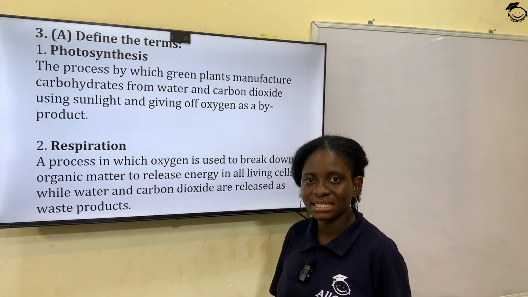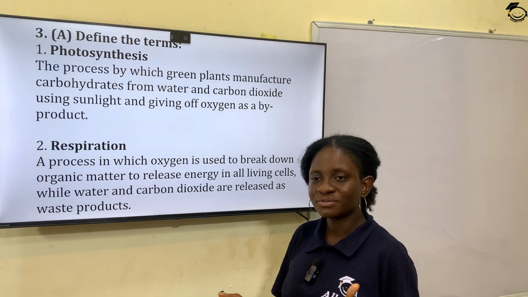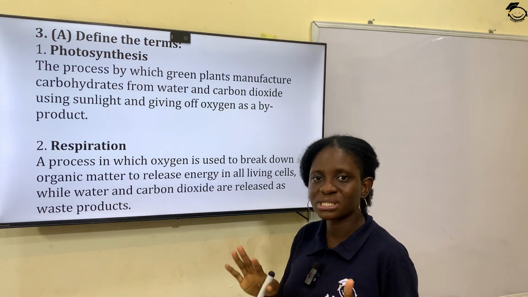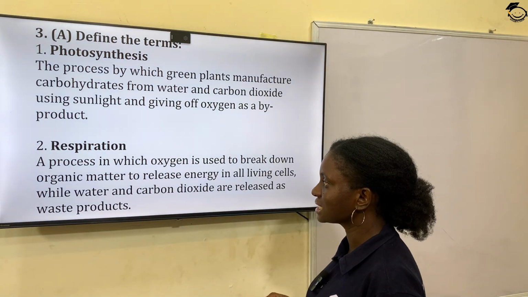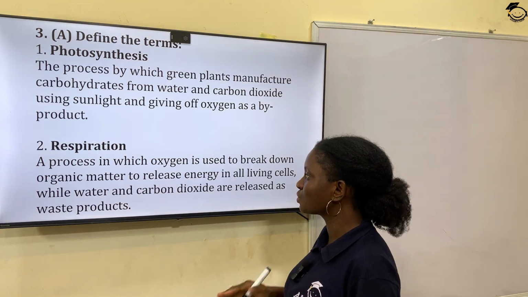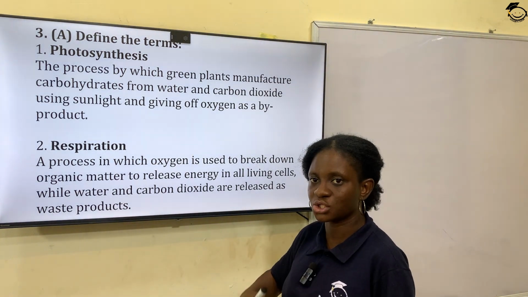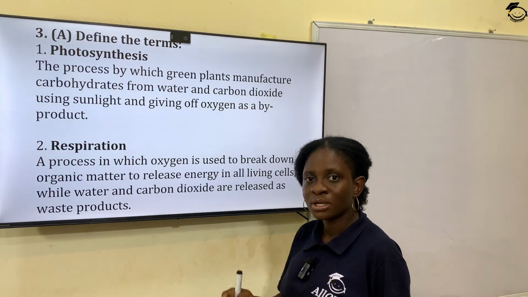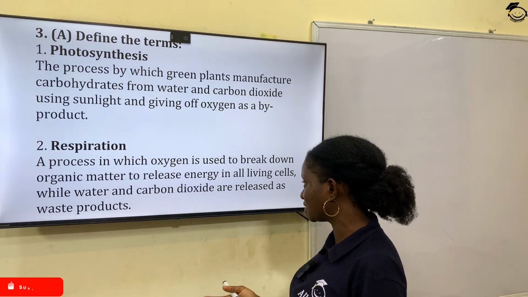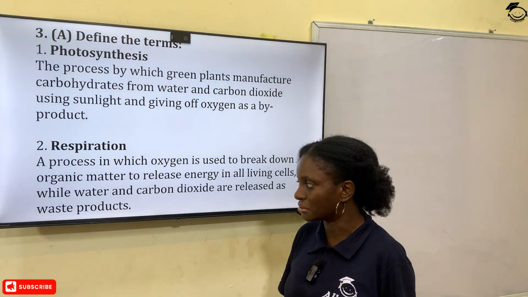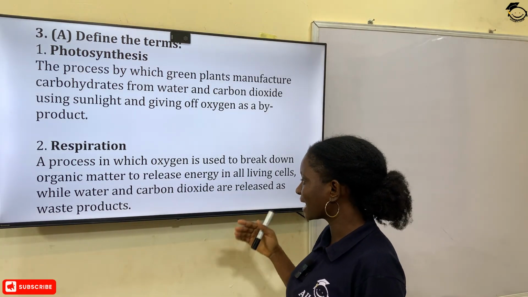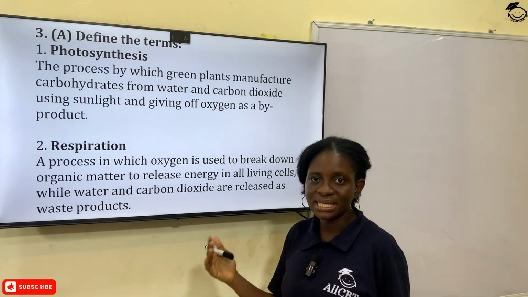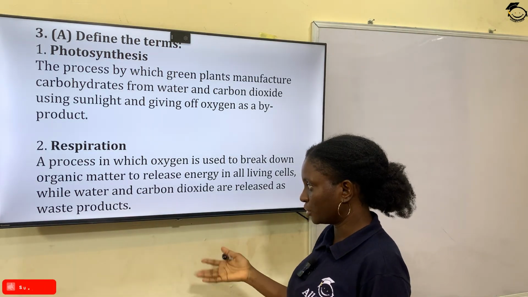So the next one, respiration. Respiration is just like the opposite, not literally, but opposite of photosynthesis. Respiration is a process in which oxygen is used to break down organic matter to release energy in all living cells, while water and carbon dioxide are released as waste products.